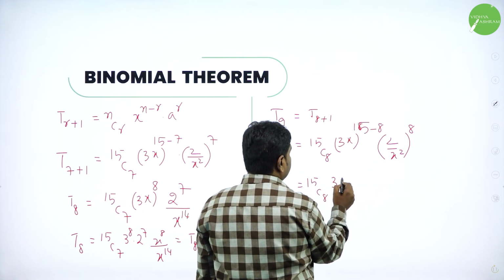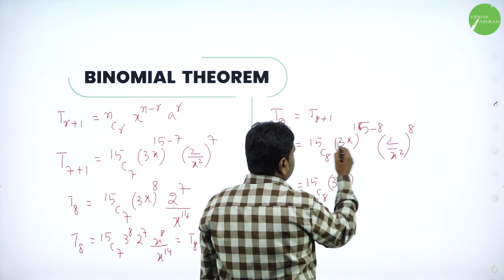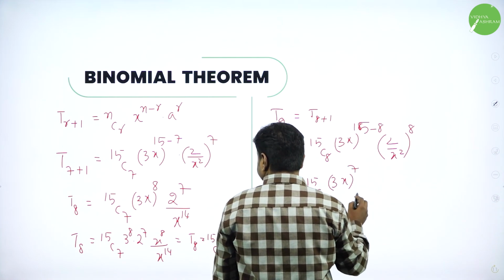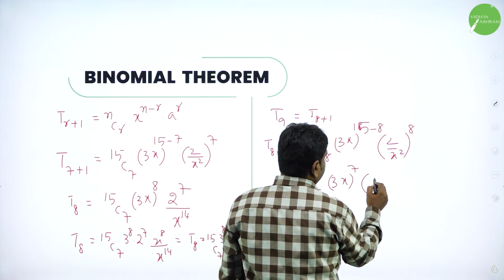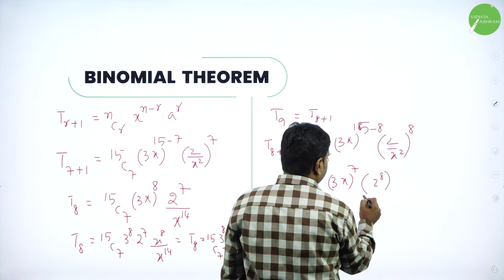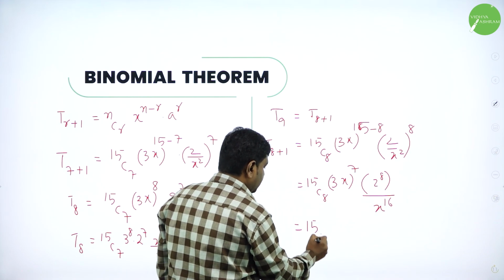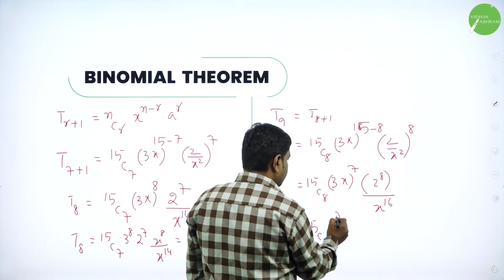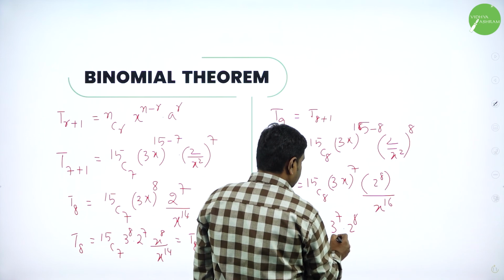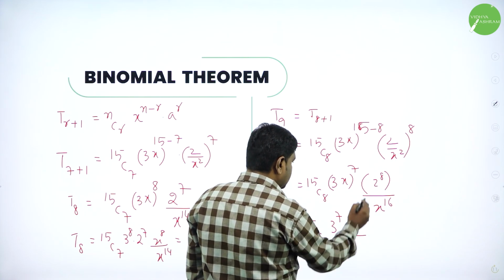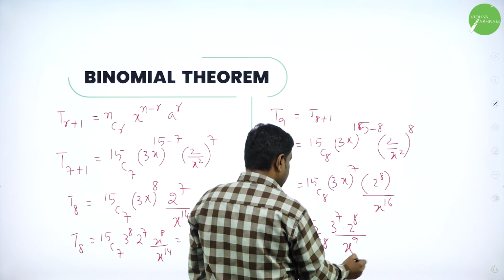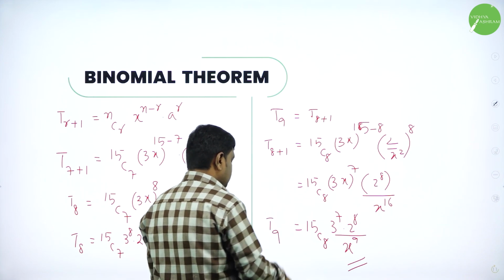So 3x power 15 minus 8, that is 7, and 2 power 8 by x power 16. Simplify it to become 15C8, 3 power 7, 2 power 8, x power, transfer it down, so 16 minus 7, 9. So T9. These are the two middle terms.